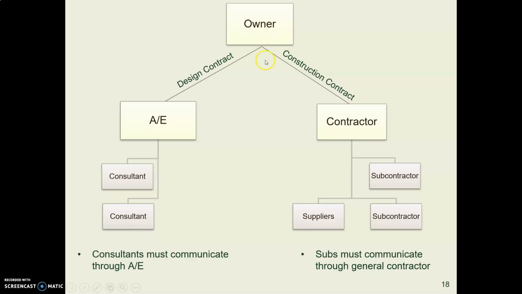So the owner is out of the loop, and it's the architect, as the owner's representative, who works with the contractor. The owner, by the way, could be a person, but it could also be a corporation. It could be a college. So when Lane Community College builds a building, LCC is the owner.